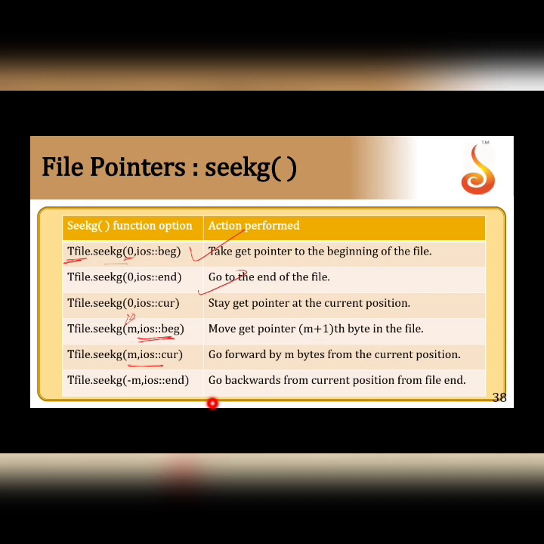Suppose you are at the 50th byte position, if I say 20 bytes, it will go to the 70th byte. So that many bytes it will skip. So from the current location. And here I am giving minus because I would be moving backwards from the end of the file. Please have a look.